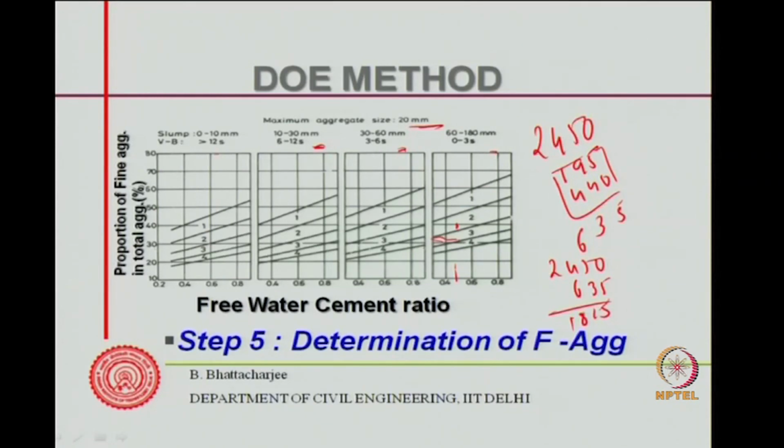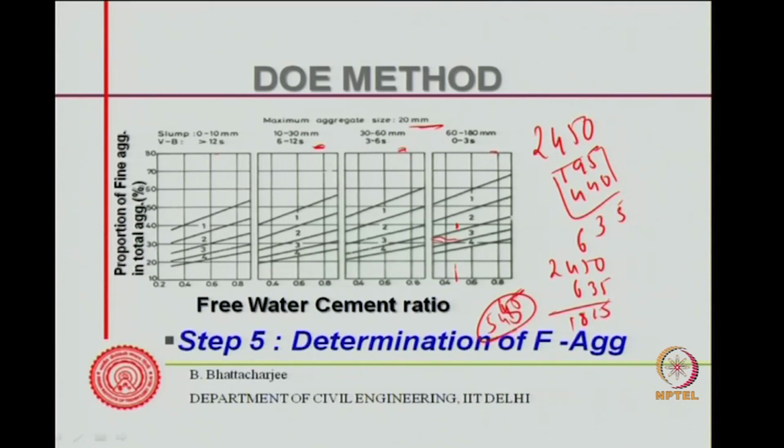So out of that, we can find out 30% of this, right. So 540, somewhere around 545 kg would be the fine aggregate, depending upon which zone it belongs to, etc.